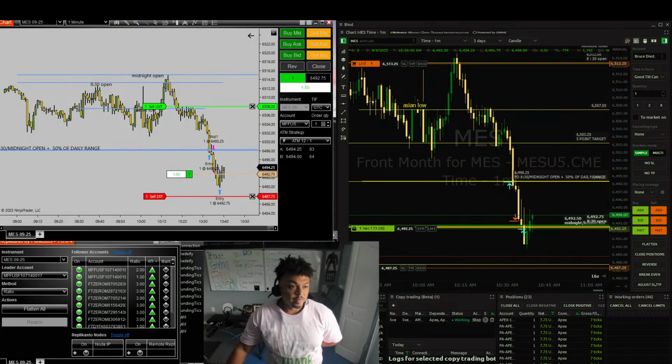Let's see if we can get at least 50% back of the sell side range, which would put us at about 650225. That would be right here. That's the first target.